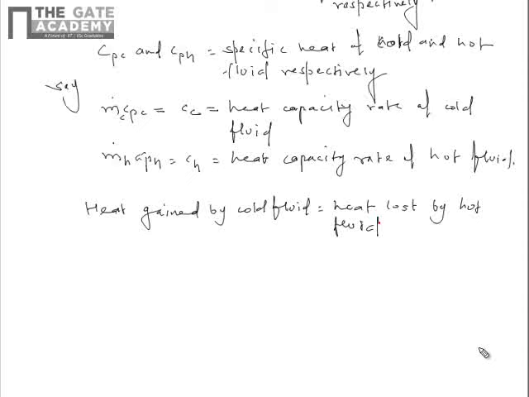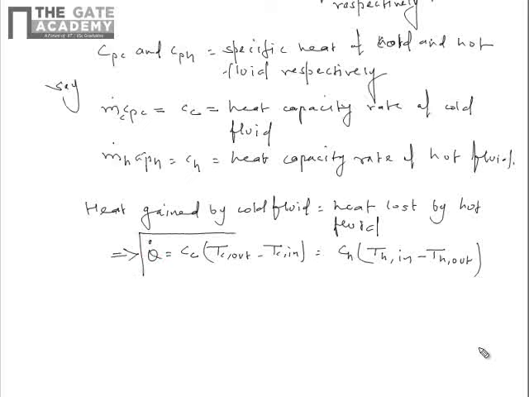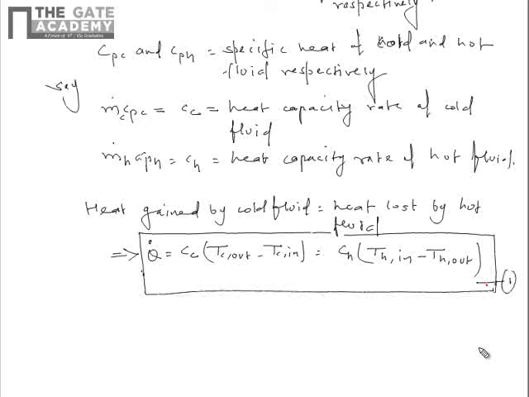Which implies Cc (Tc out minus Tc in) is equal to Ch (Th in minus Th out), and this is the amount of heat transfer that is taking place inside the heat exchanger. Let us say this is equation 1.